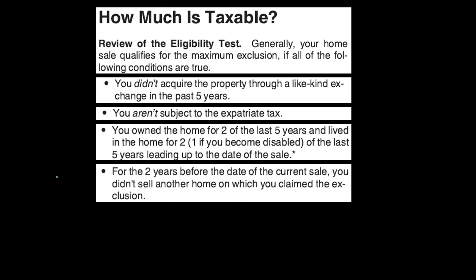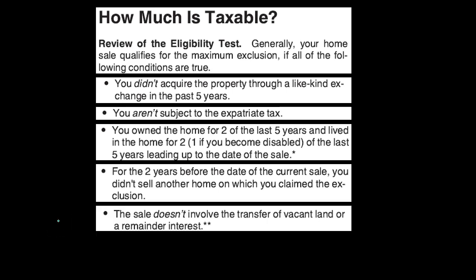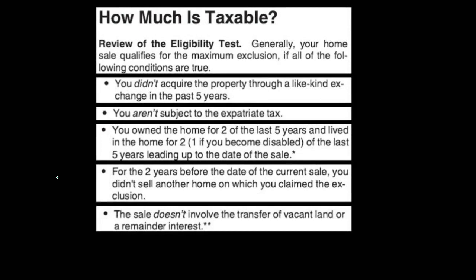And for the 2 years before the date of the current sale, you didn't sell another home on which you claimed the exemption. The sale doesn't involve the transfer of vacant land or a remainder interest. So this is basically a review of these items. We took a look at these items in the past. If you want to see more detail on these individual items, you can take a look at prior presentations.